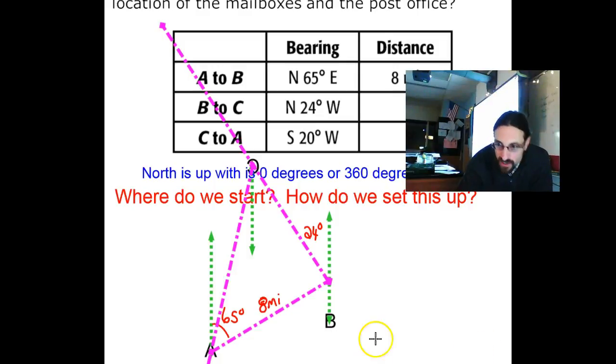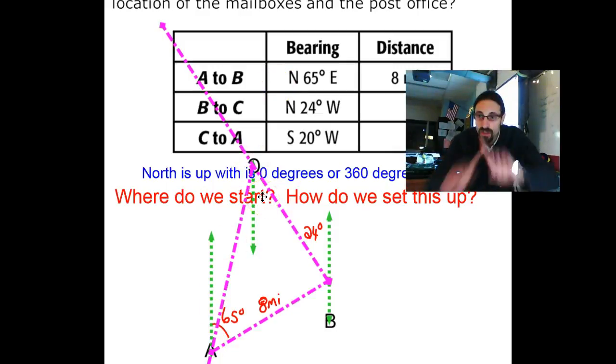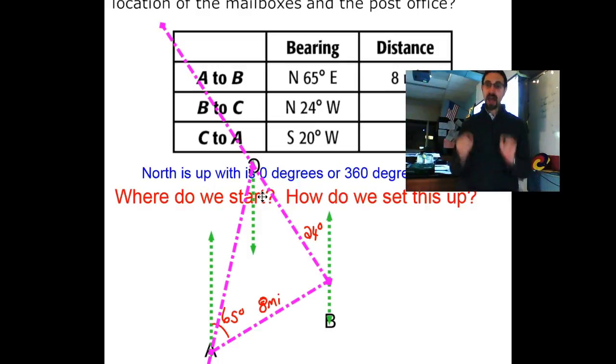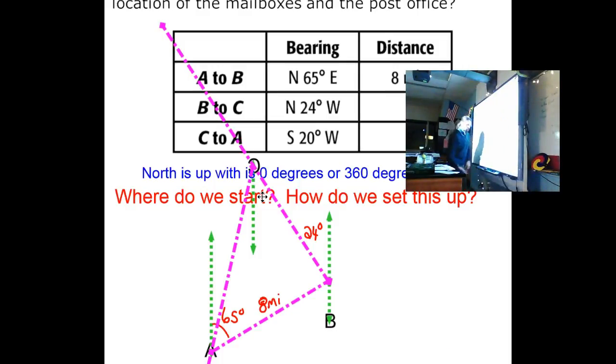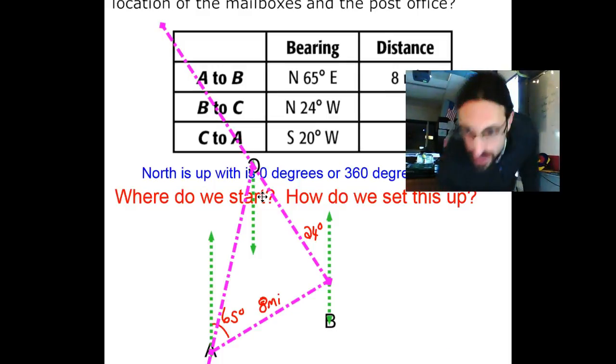Now, what's so interesting about what has just happened is I don't know exactly where C is, right? I don't know exactly where C is, but I do know when I'm at C, looking back to A, it falls on this line. Well, where those two lines intersect, then yes, I do have an exact angle. The final thing to add here is, but don't I need to have angle measures in these?